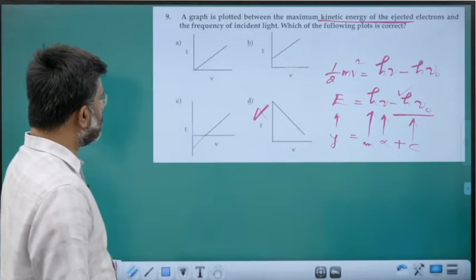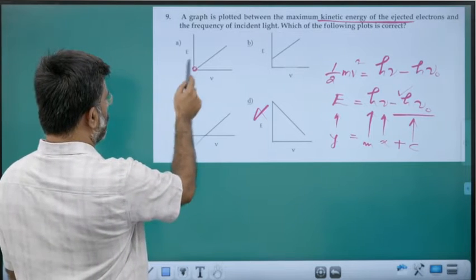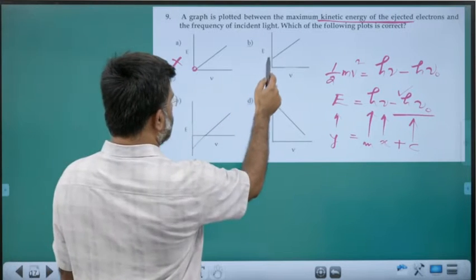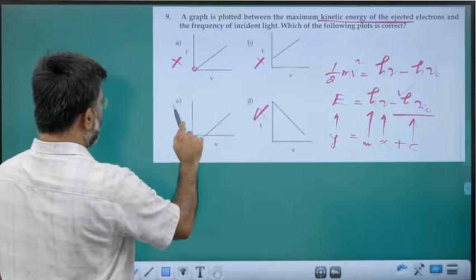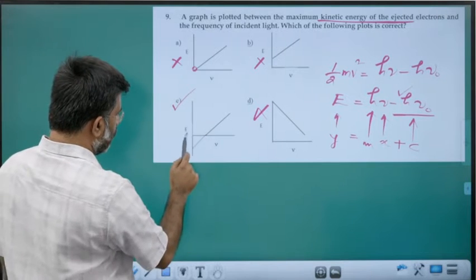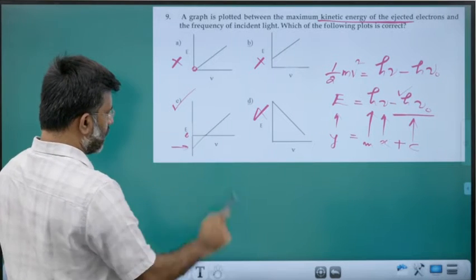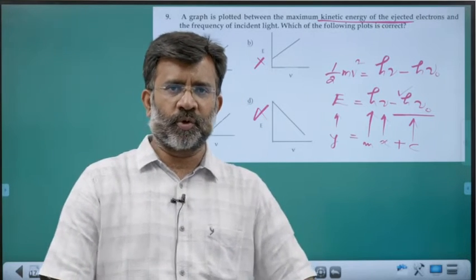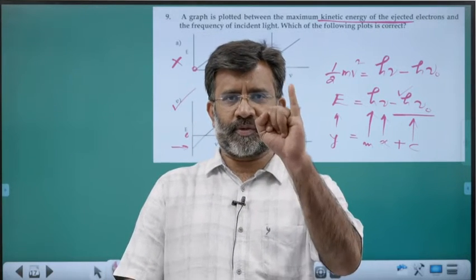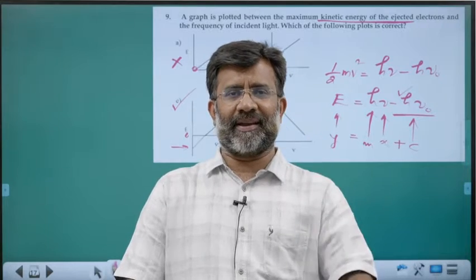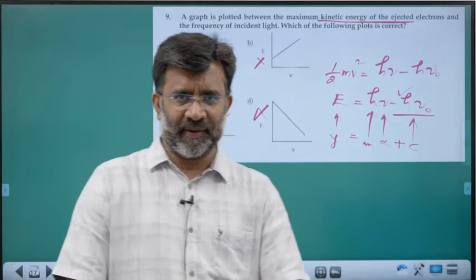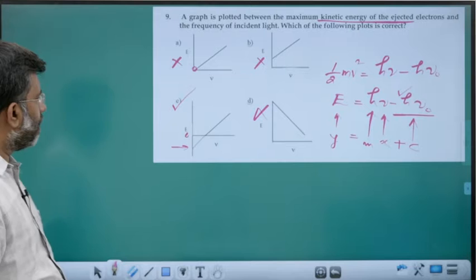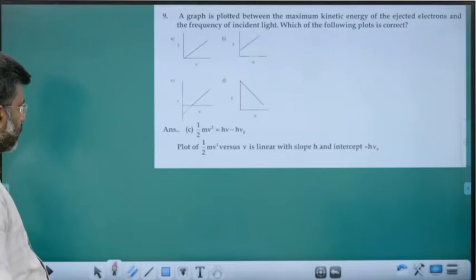Y-intercept negative means here y-intercept is 0, out. Here y-intercept is positive, out. And the answer is option C, where the y-intercept is coming negative. So two points: positive slope and y-intercept negative. Yes, option C.